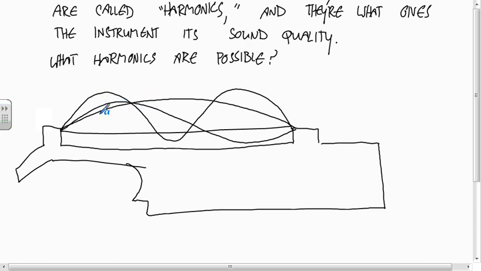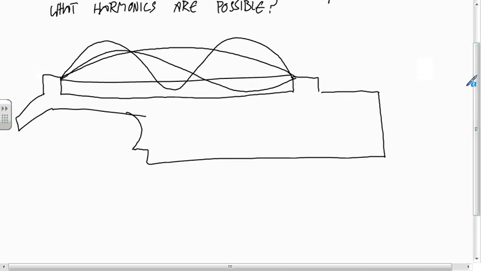In between those frequencies, waves aren't possible because the string wouldn't land where it needs to at these two lockdown points, okay? And you can keep going with this. These are snapshots of the allowable waves.